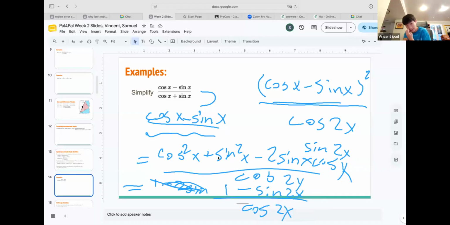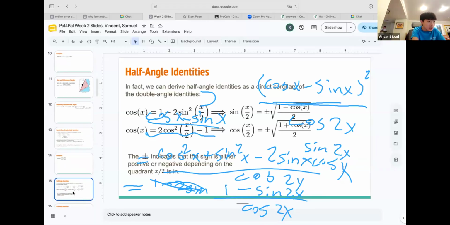Yeah, I think that's how you simplify. I actually don't know what I was going for. Alright, there's fewer trigonometric functions, so I'm gonna say that's simplified.